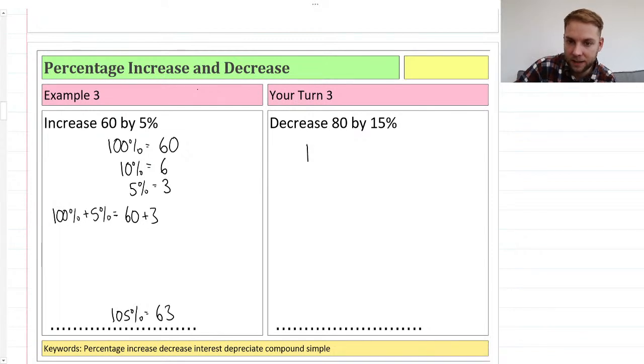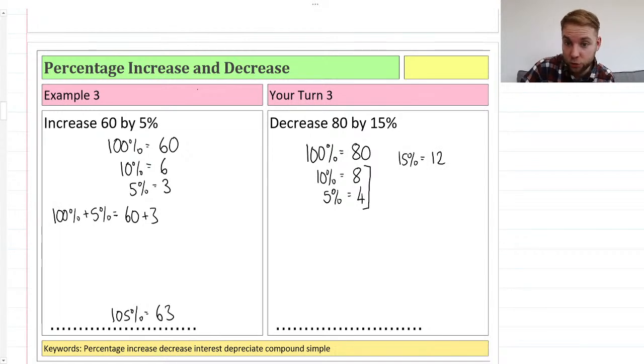So, in fact, we write down first 100% is equal to 80. 10% is going to be that divided by 10, which is 8. I'm going to need the 5% as well, aren't I? Because I need 15%, which is going to be 4, half of that. So 15% is going to be these two added together, which is going to be 8 plus 4, which is equal to 12.